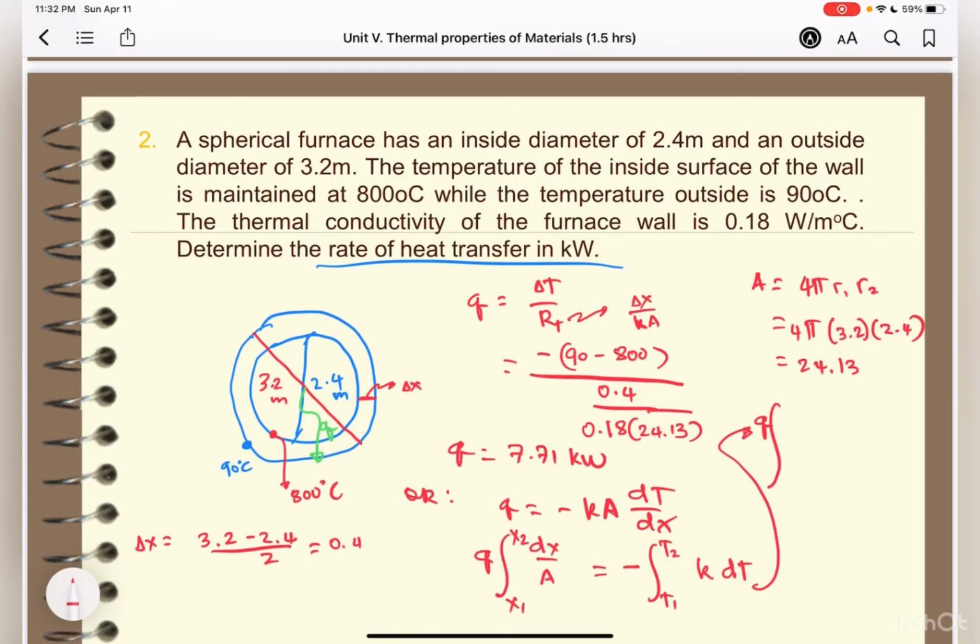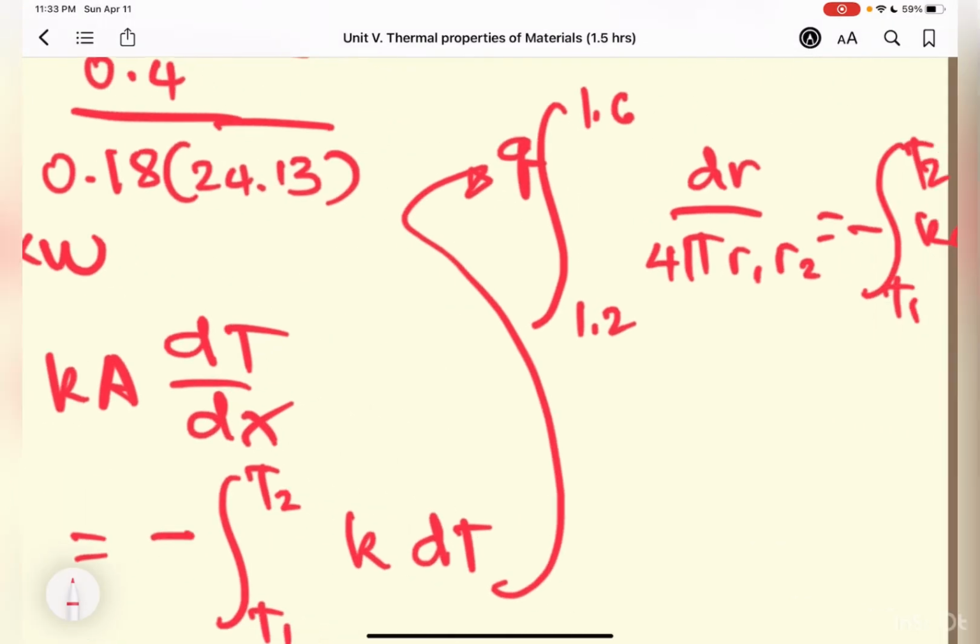Q, so this is dx over A. You know that this is from radius 2.4 diameter, so that's 1.2, to 3.2 diameter, that's 1.6 in terms of radius, dr over 4 pi r1 r2, is equivalent to the same T1 to T2 negative k dT.